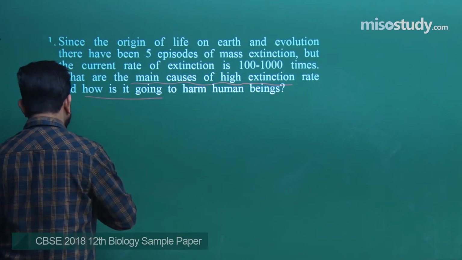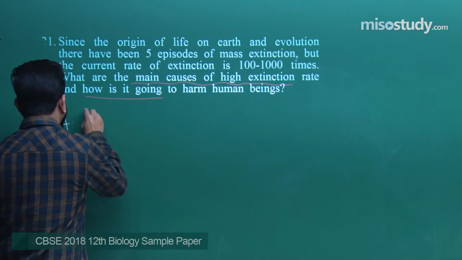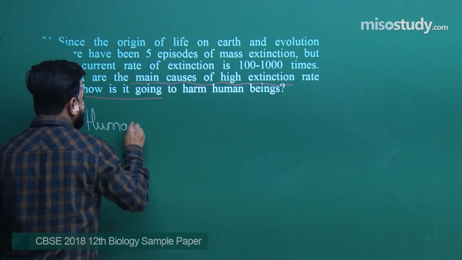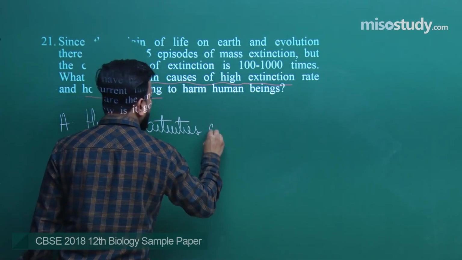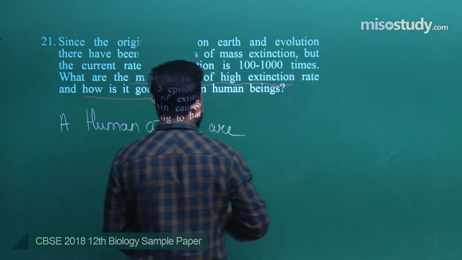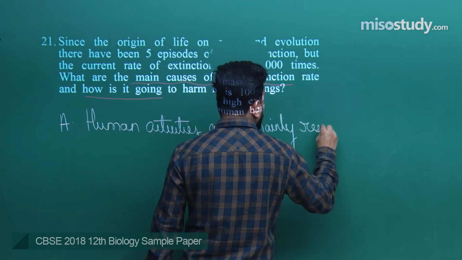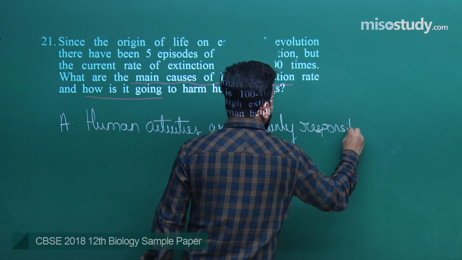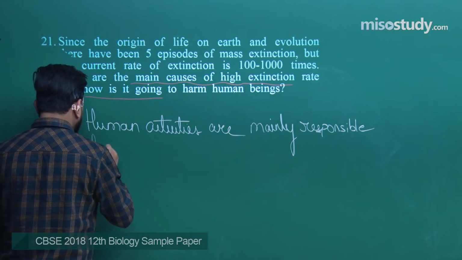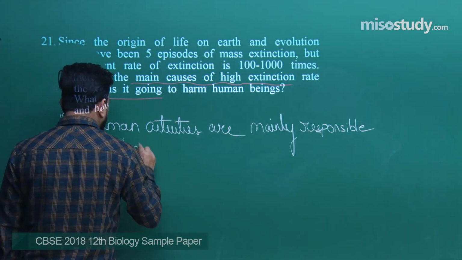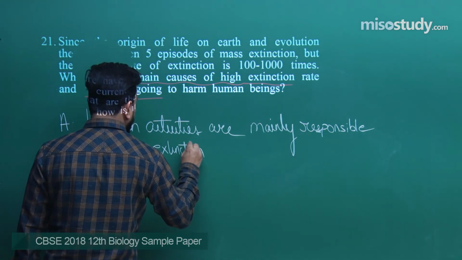So the human activities. What are the main causes of high extinction rate? Human activities are mainly responsible for high extinction rate.